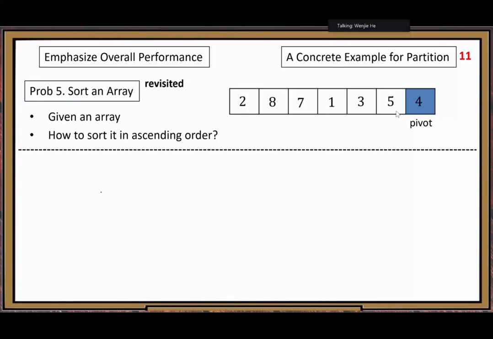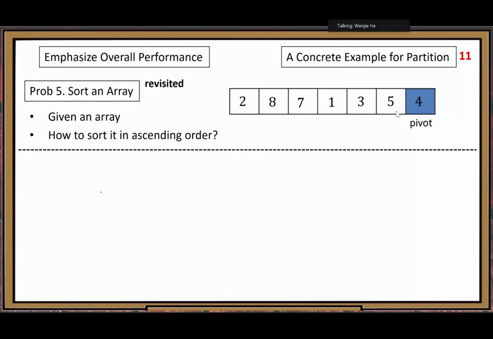Later, when we talk about worst case efficiency, we will look at the largest or smallest element in the pivot position. That could happen. That's why at the beginning I said this algorithm cannot avoid the poor worst case efficiency.